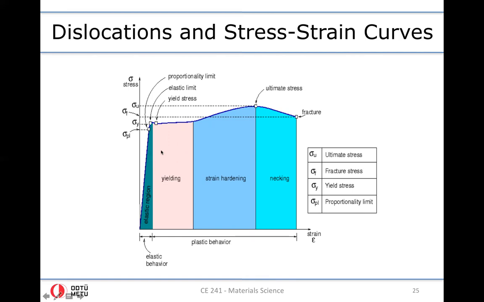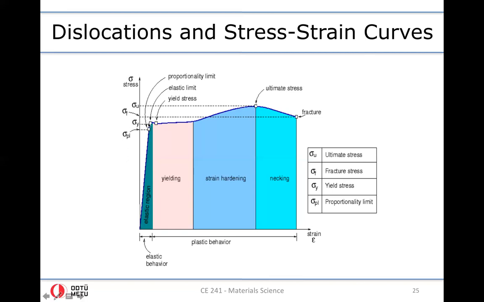So when you consider a stress strain curve of a ductile metal, it is possible to split this diagram into four main parts. One part is called the elastic region, where the material's response is pretty much limited to elastic deformations. In other words, when you load the material within this range and unload, you hardly generate permanent or plastic deformations.